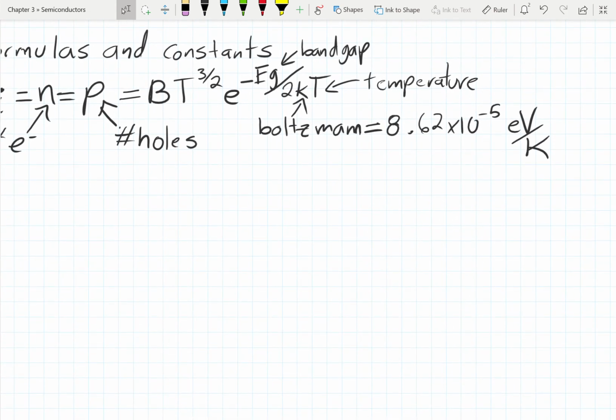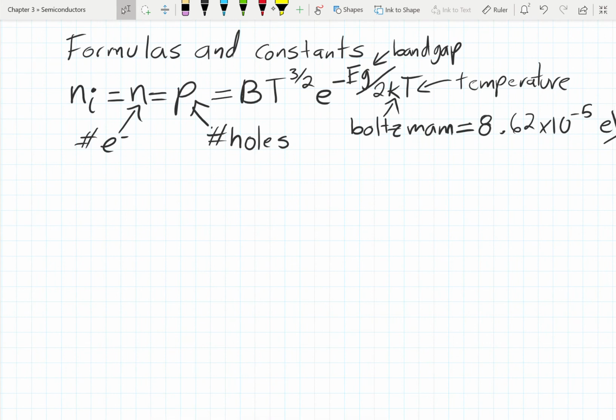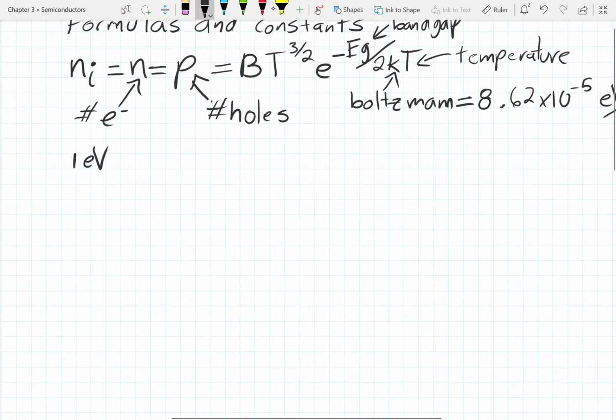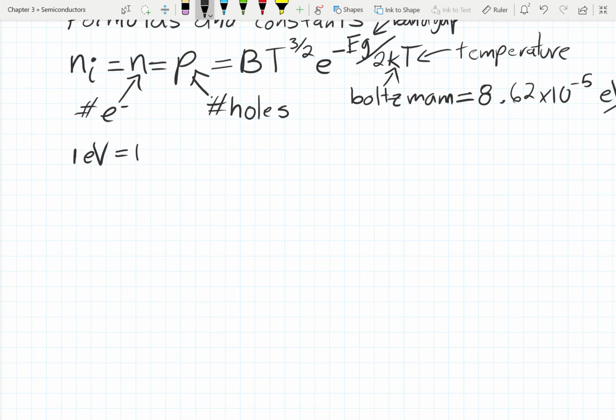So I mentioned electron volts. That's just the unit we use to measure band gap. This is equal to 1.6 times 10 to the negative 19 joules. In case you remember, joules is used to measure energy.